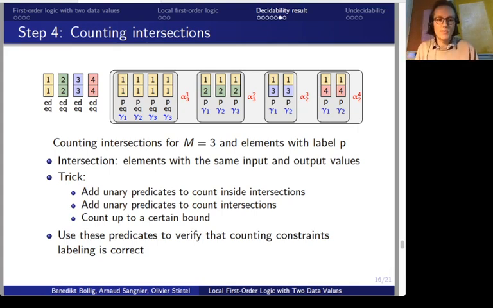The trick is to add unary predicates to count inside the intersection. After, we add new unary predicates to count the intersections themselves, and we count only up to a certain bound because we are in FO, and we use this new predicate to verify that the counting constraints labeling is correct.